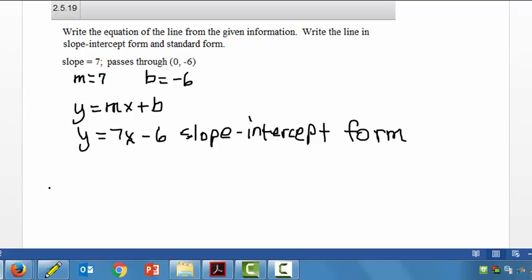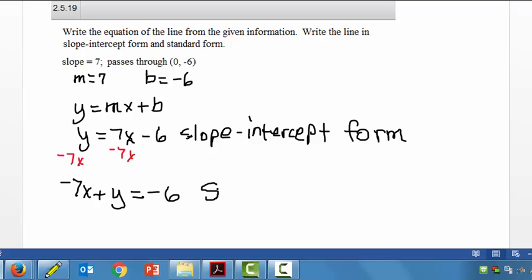Now to put this in standard form, we will add a negative 7x to both sides of the equation. So we have negative 7x plus y equals negative 6.